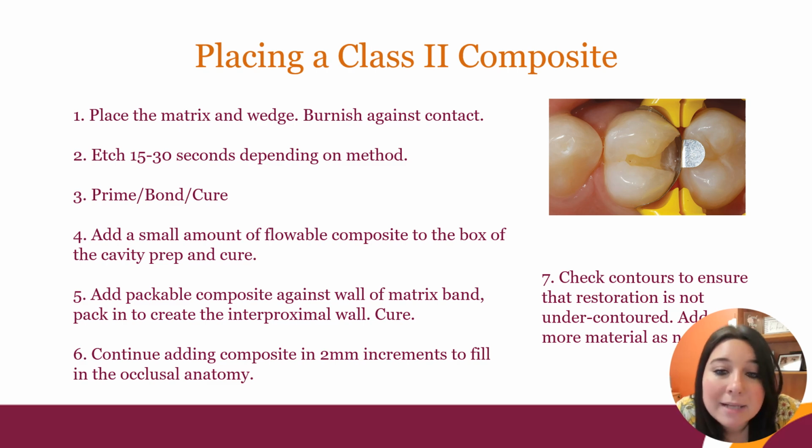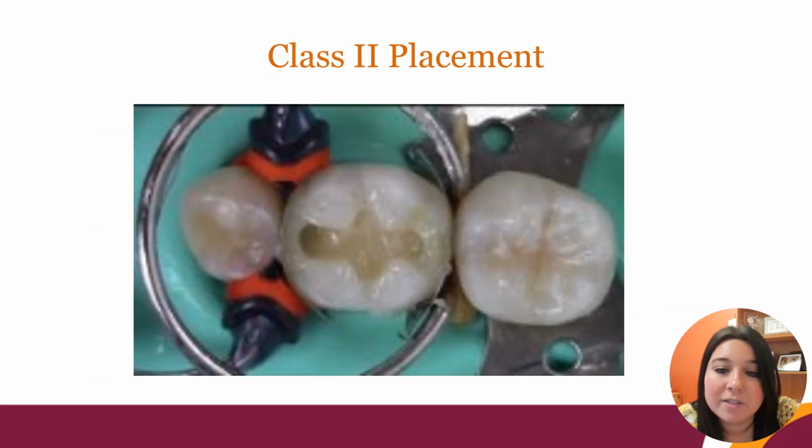Continue adding composites in 2 millimeter increments to fill all of the anatomy up. And then last steps, check contours to ensure that the restoration is not under contoured. If it is, you can add more material at this time. That's really it until we start finishing and polishing next week. These are the basic steps for our Class 2. So be sure to watch this video on Class 2 placement in the materials and resources folder.